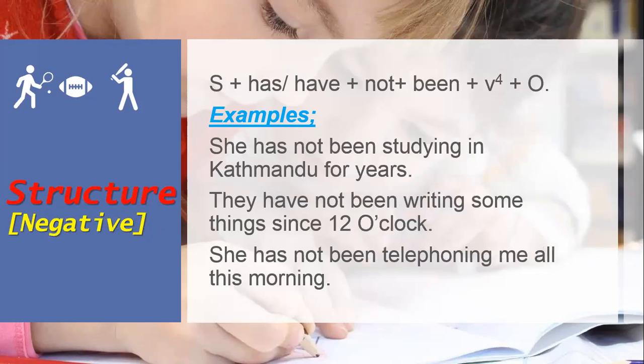Here is the structure related to the negative aspect of this tense form, present perfect continuous: subject plus has/have plus not plus been plus verb plus object. Here the example: she has not been studying in Kathmandu for years. Here we add not after the auxiliary verb. And they have not been writing something since 12 o'clock.